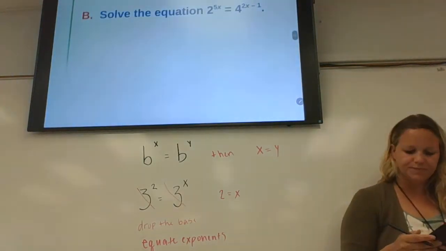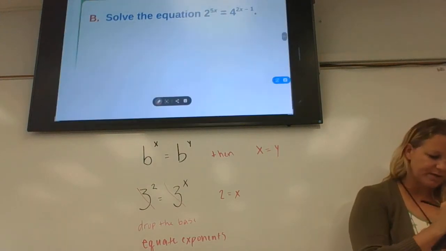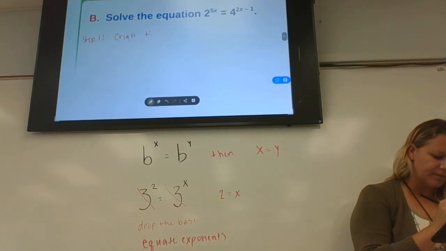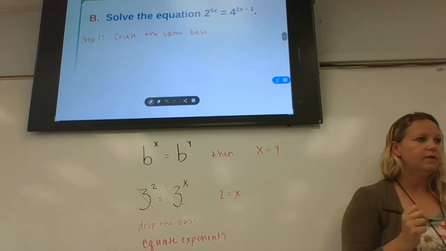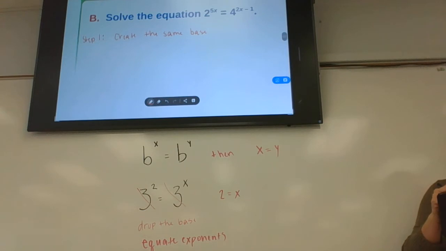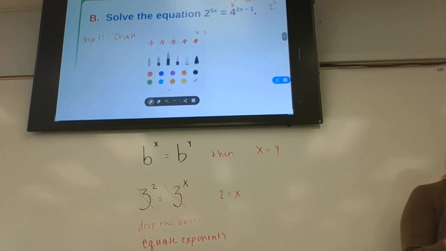This is a little expression, 5 times x. So we need to create the same base. So I know that 4 is the same as 2 squared. So I'm going to kick 4 out and I'm going to put 2 squared in.